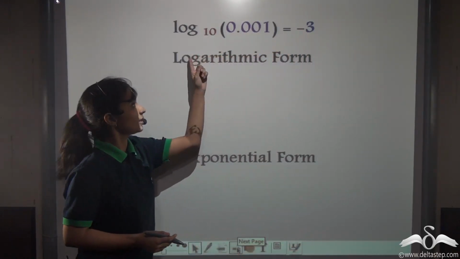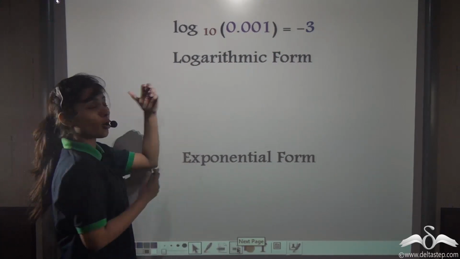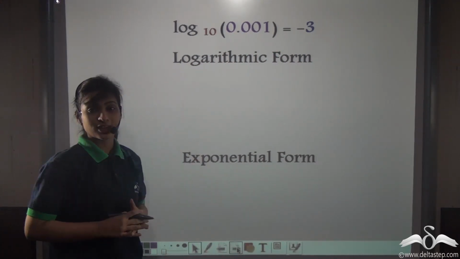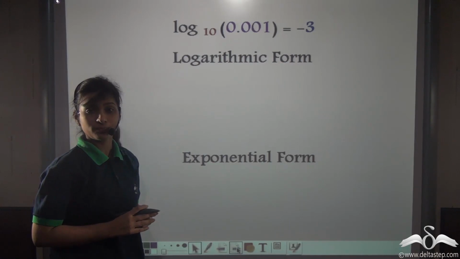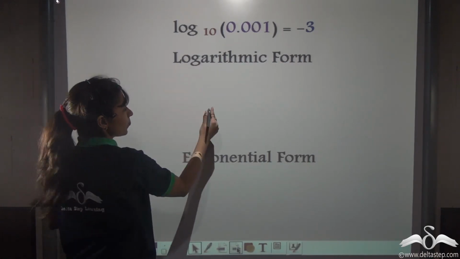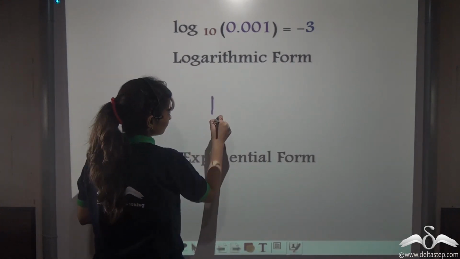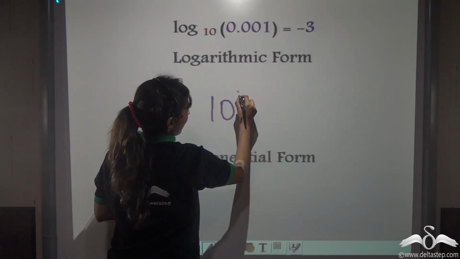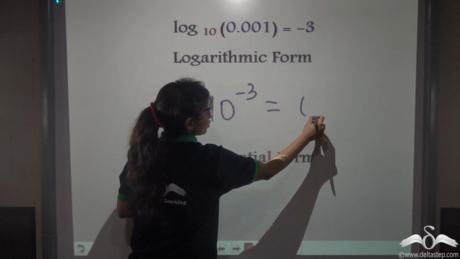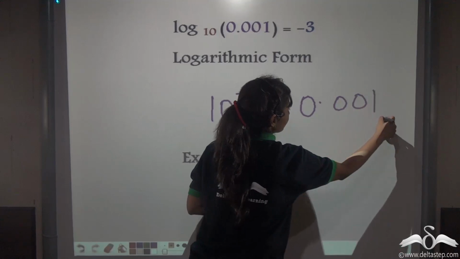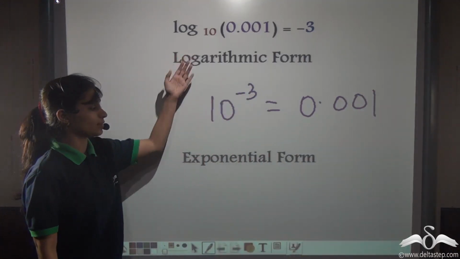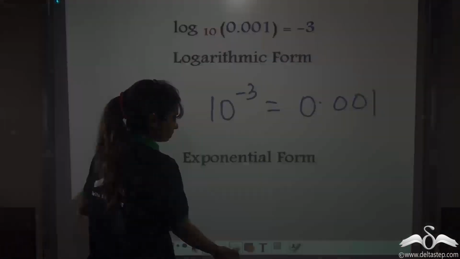Now, we had just done this kind of example when we were doing the opposite. So, write the exponential form of this logarithmic form. The base remains the same. Now, 10 to the power minus 3 gives you 0.001. This is how you change logarithmic form to exponential form.